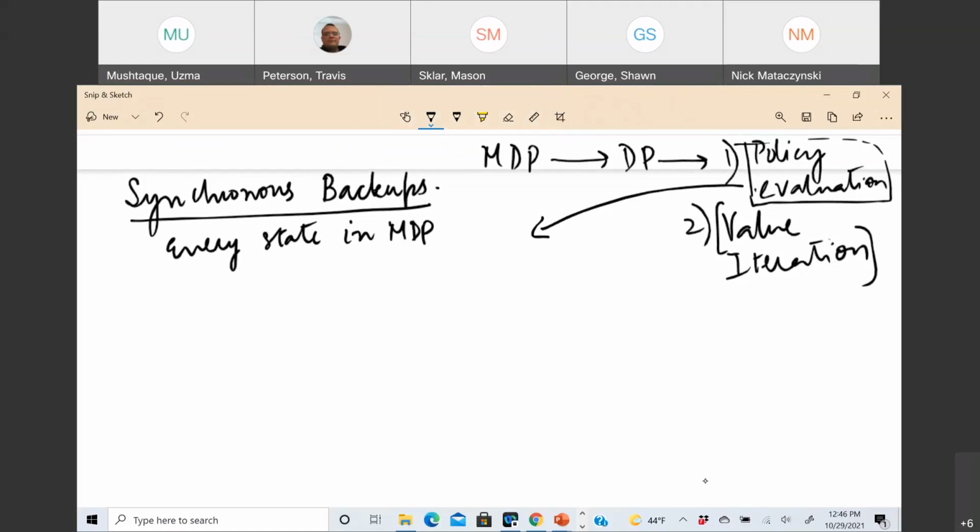Policy evaluation basically means we will try to find out how much reward our agent is going to get by following a particular policy pi. That's what we're trying to calculate, and then we want the best, the most reward. So we want to evaluate a policy pi and see how much reward my agent is going to get.